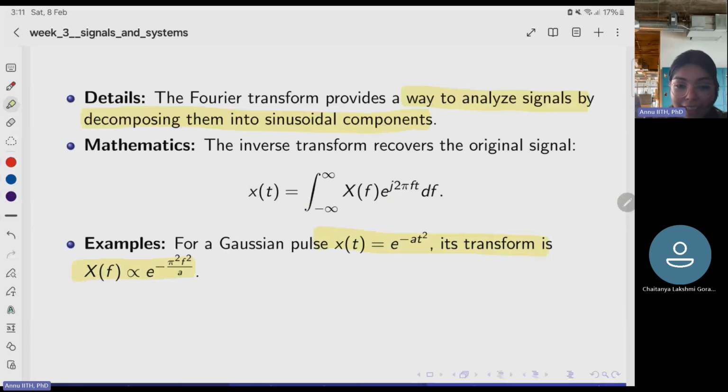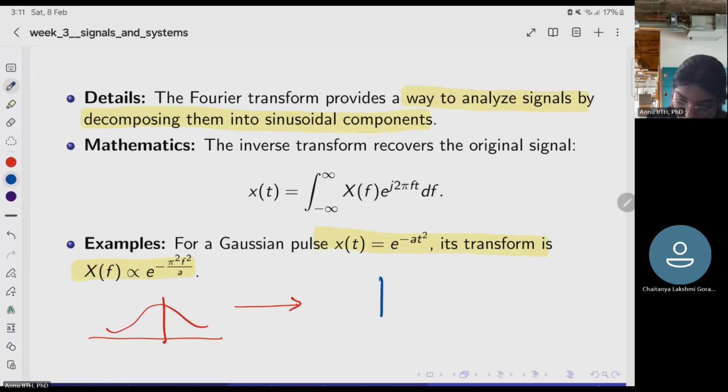So we have a Gaussian signal. The Gaussian signal will look like this. It gives a transform e^(-π²f²a). What I basically interpreted here is t².